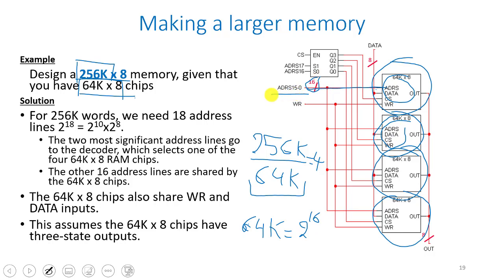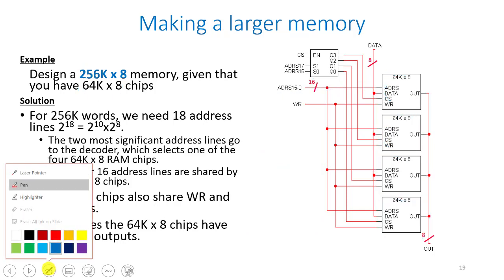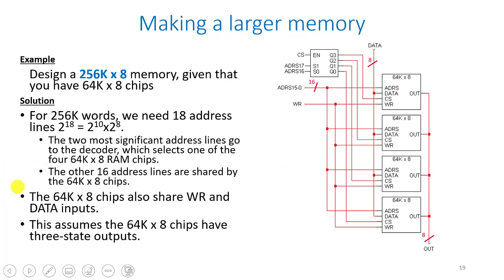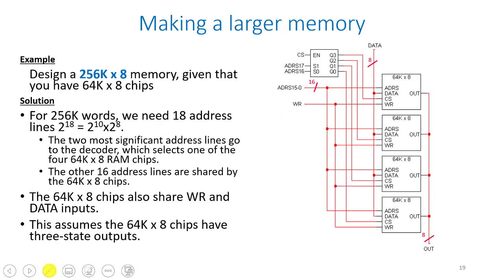256K is what? Oops, I'm sorry again. What happened here? Okay, pen. 256K is what? It is 2 to the power k. Sorry, 256K is 2 to the power 18.